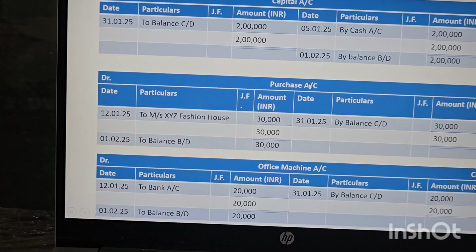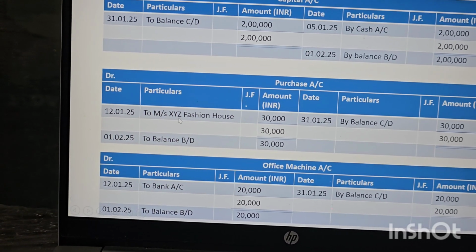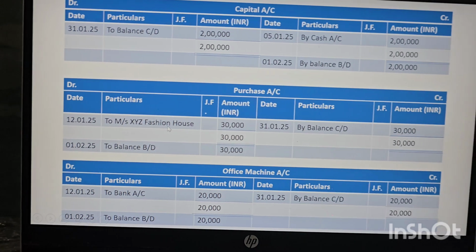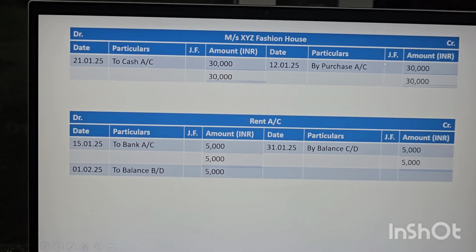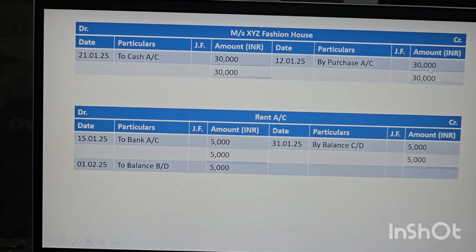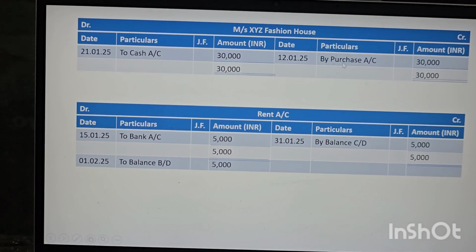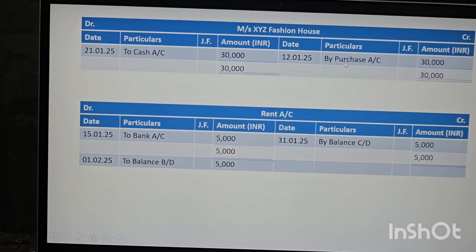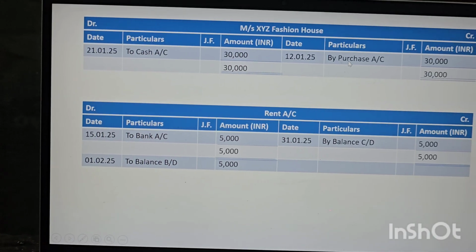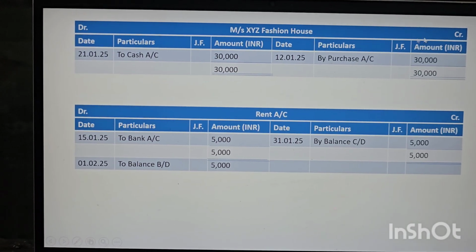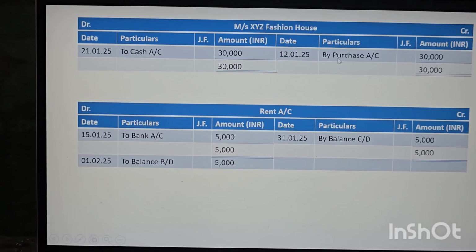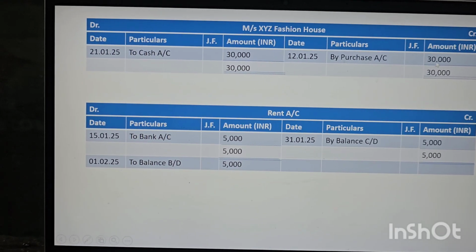In the purchase account, we are debiting it against XYZ Fashion House, and we are crediting XYZ Fashion House with the similar amount of 30,000 that we have purchased against the purchase account. So the entry was purchase account debit to XYZ Fashion House. We credit XYZ Fashion House by putting the purchase account on the credit side, amount 30,000.